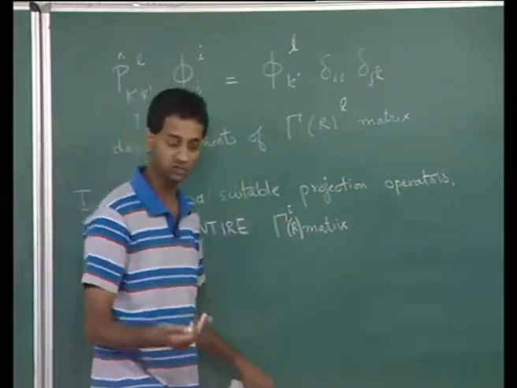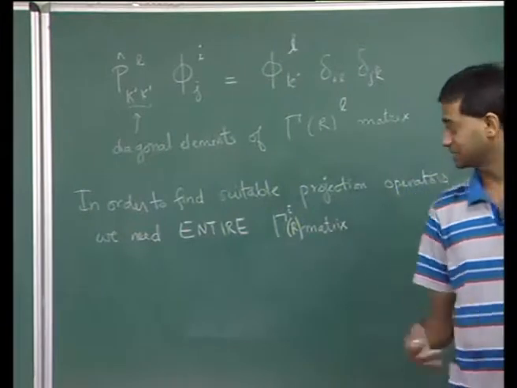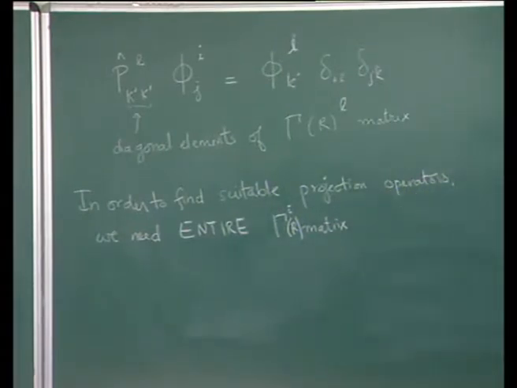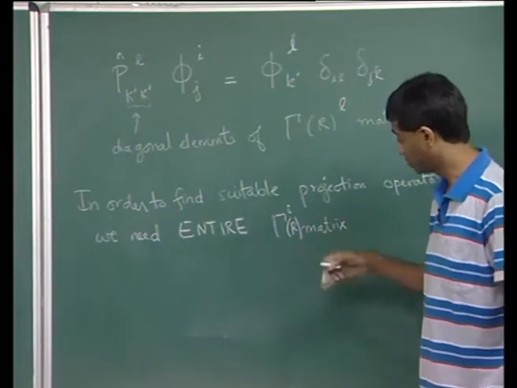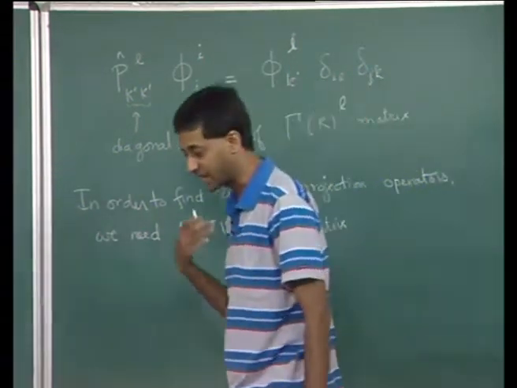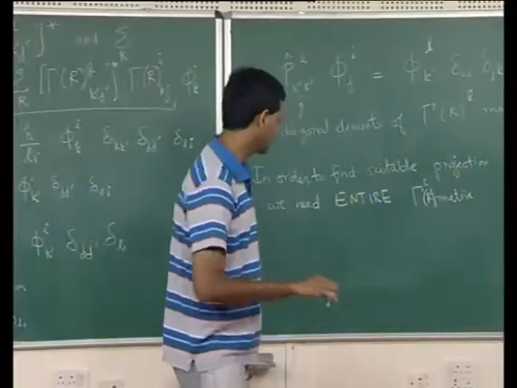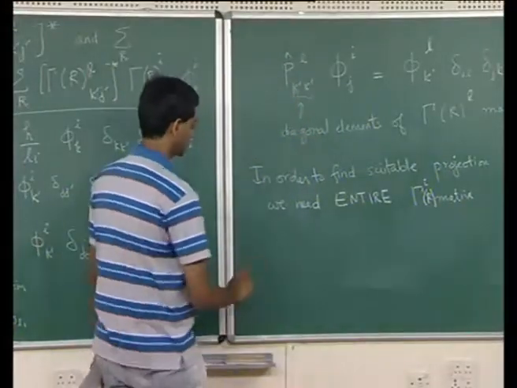In any irreducible representation, you have a matrix corresponding to that irreducible representation, and you need all the elements. If you recall, in the character table you only have the trace.